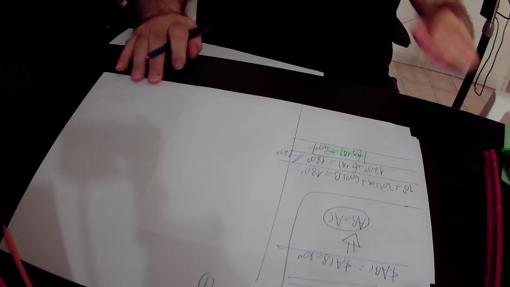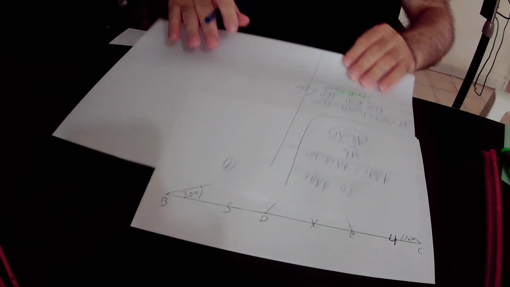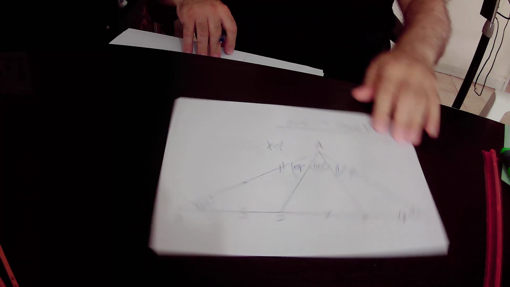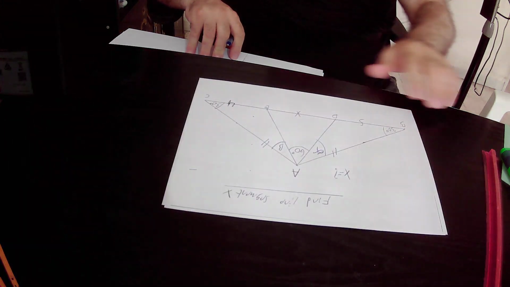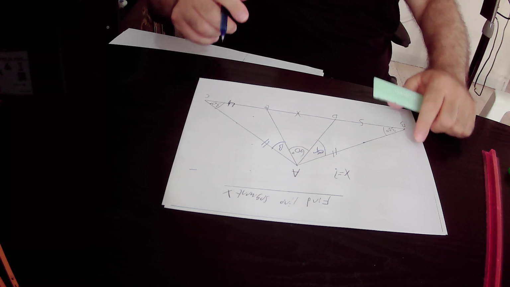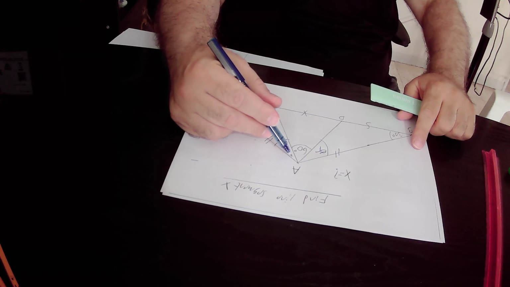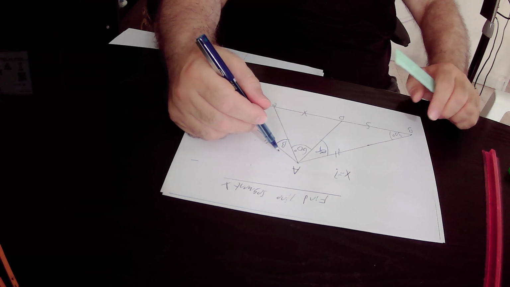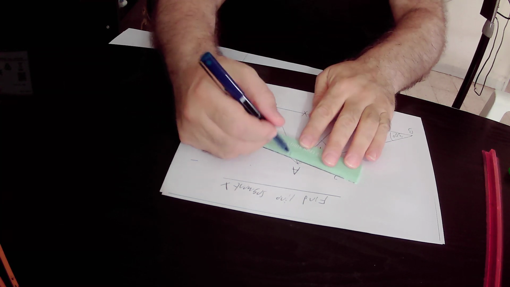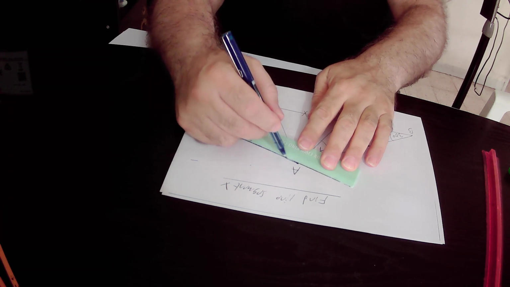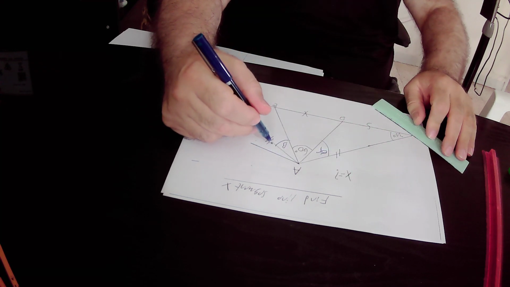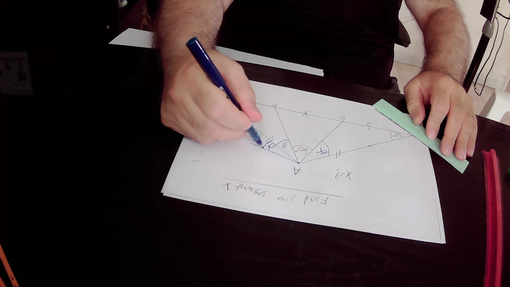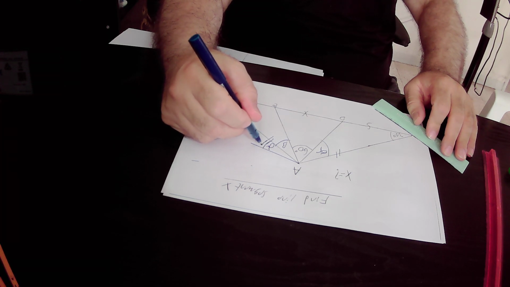Okay, so in the next step we will do two constructions. In the first construction, from point A, we will draw a straight line in such a way that the angle between the straight line and side AC will be equal to alpha. So this angle equals alpha according to our construction.